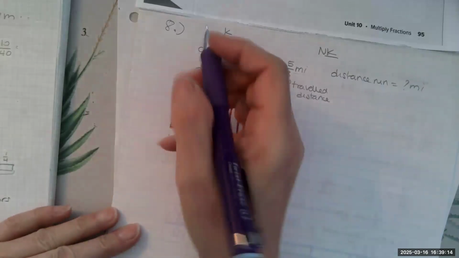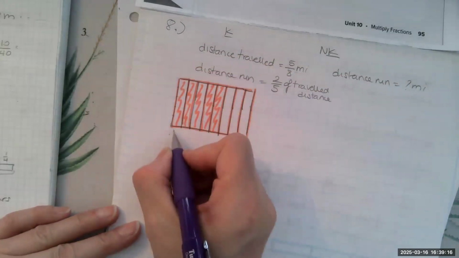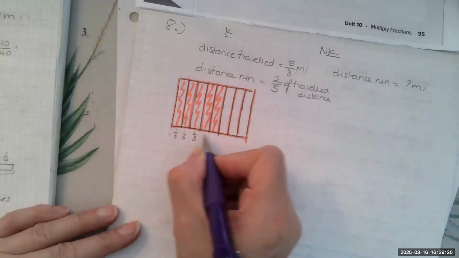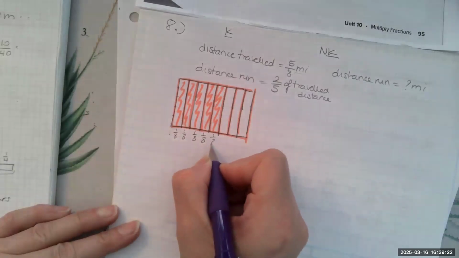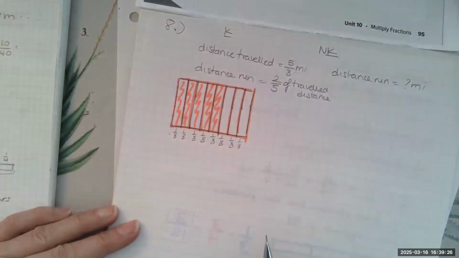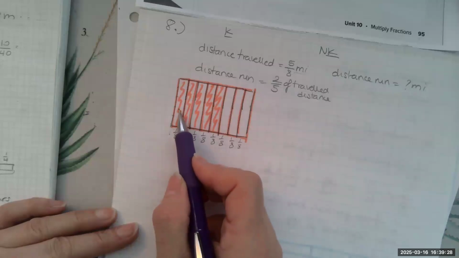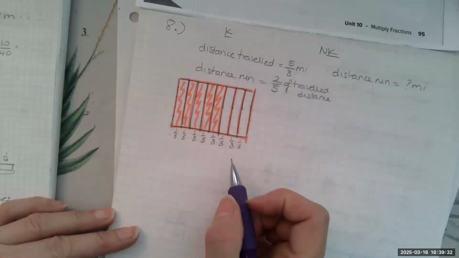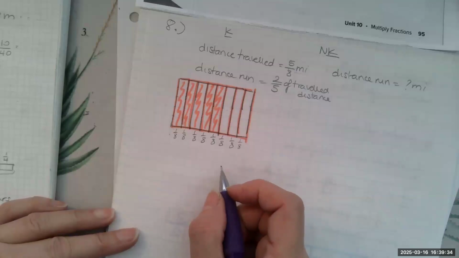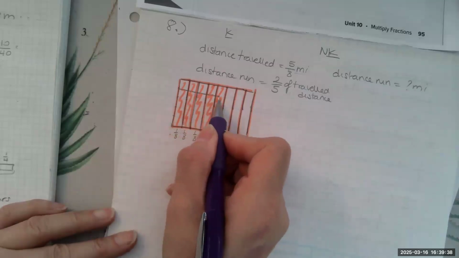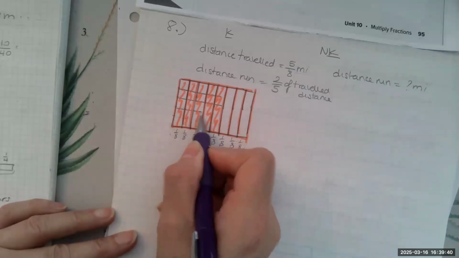Of those, because these are 8ths, right? 1/8, 1/8, 1/8, 1/8, 1/8, 1/8, 1/8, and 1/8. Of those 5/8 that she traveled, 2/5 of that are going to be the distance she ran. So I divide that in 5 equal parts.